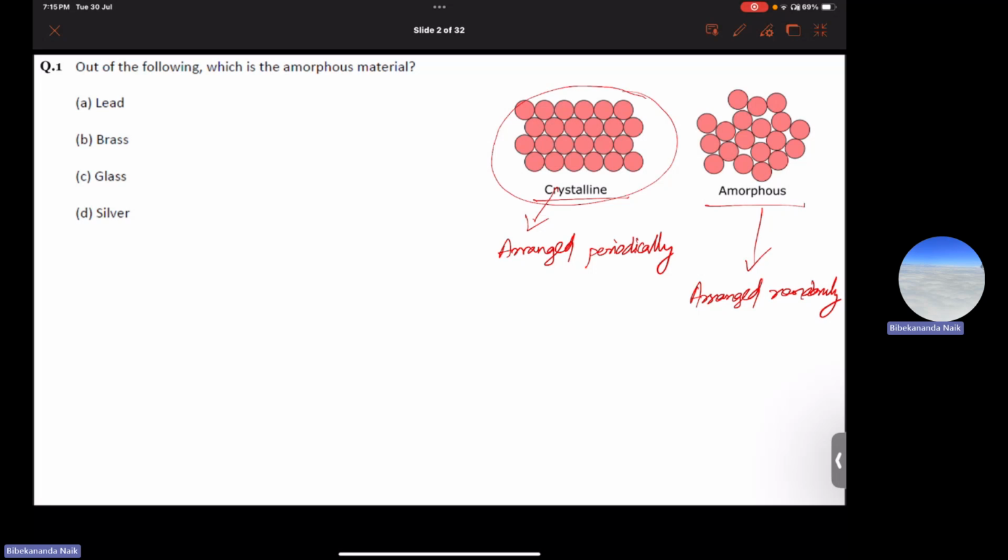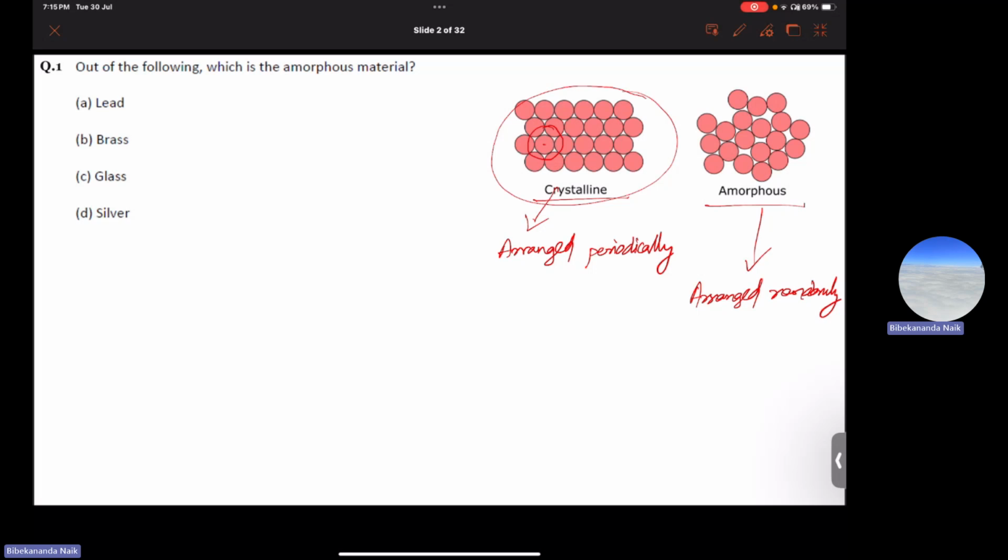In crystalline material, the atoms and molecules repeat a certain pattern. Like if you see here, this is a pattern called a 2D hexagonal pattern. In the upcoming courses, you will be learning more about it.